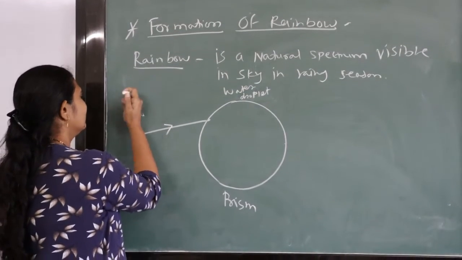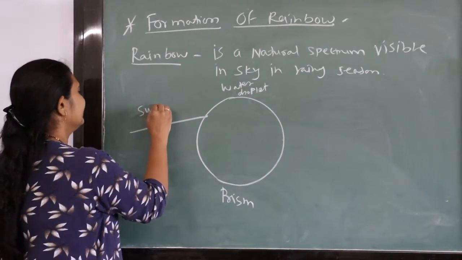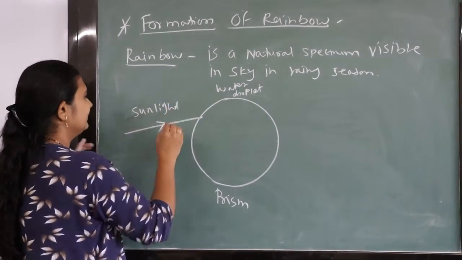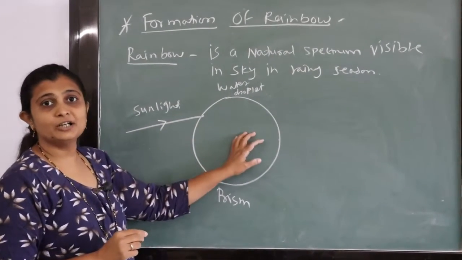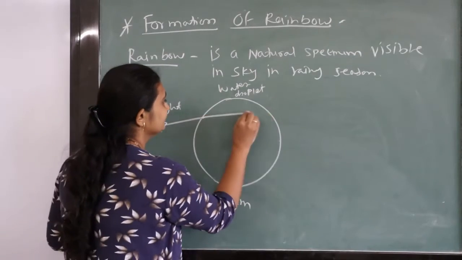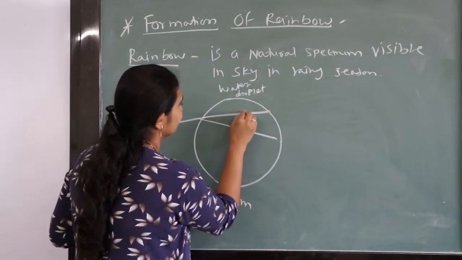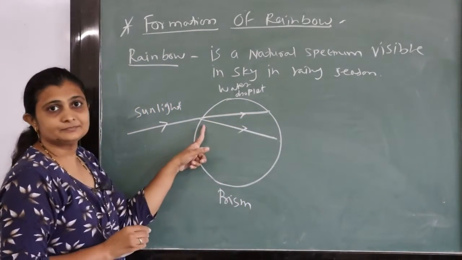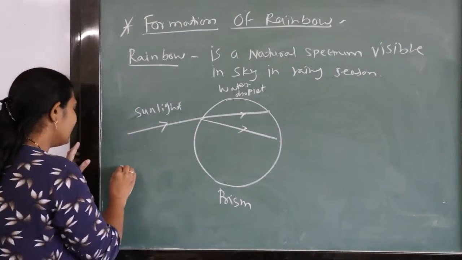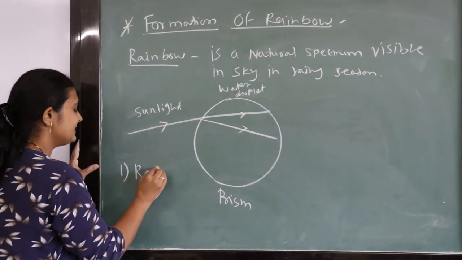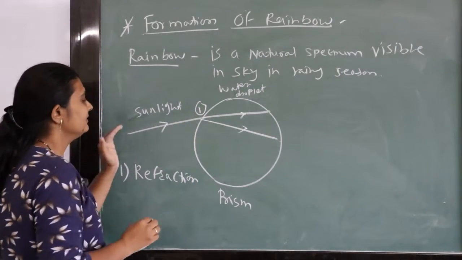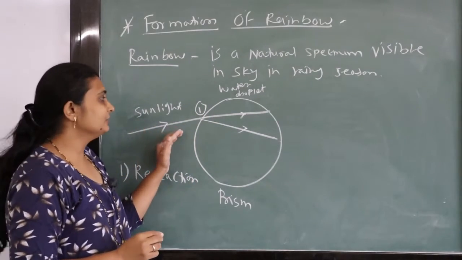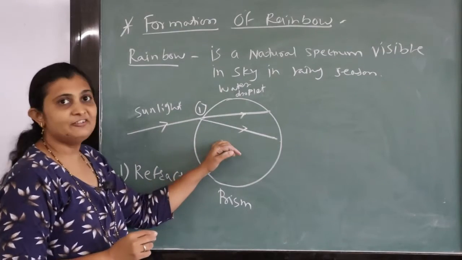White light, or I write here sunlight. When sunlight enters into the water droplet, what is the first procedure? Refraction happens. Here I write 1. Sunlight enters into the water droplet, then there is a refraction.